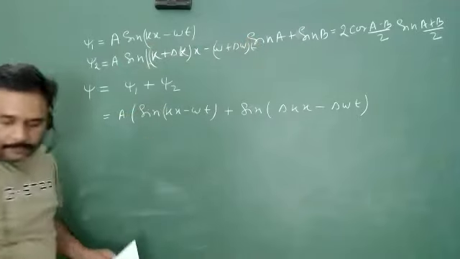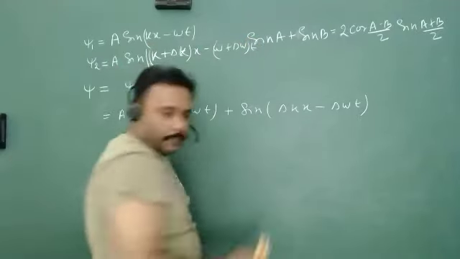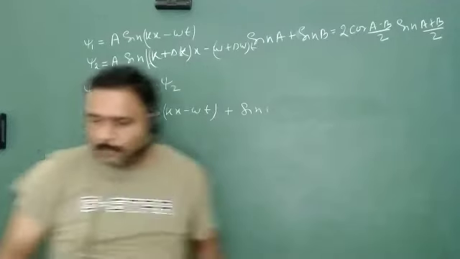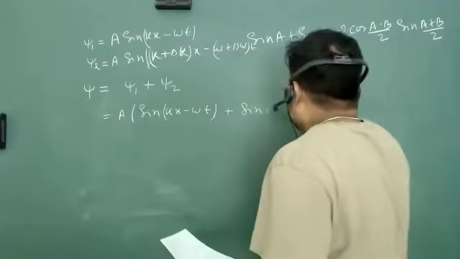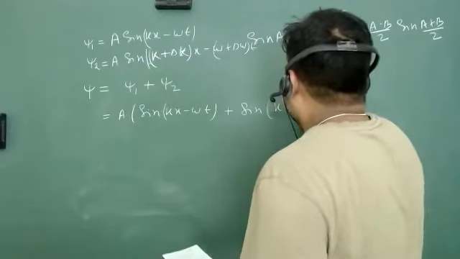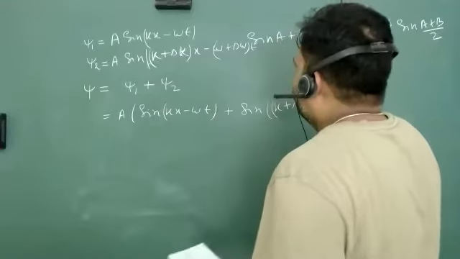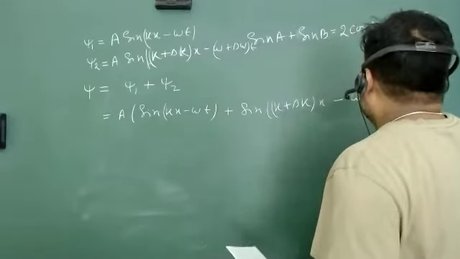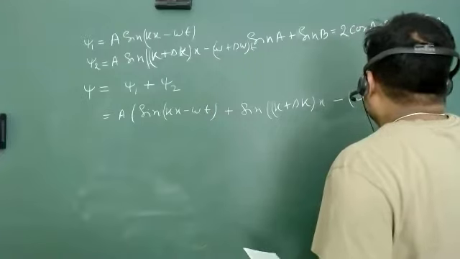So this kind of thing is there. Just correct yourself: this will be (k plus delta k) into x minus (omega plus delta omega) into t.